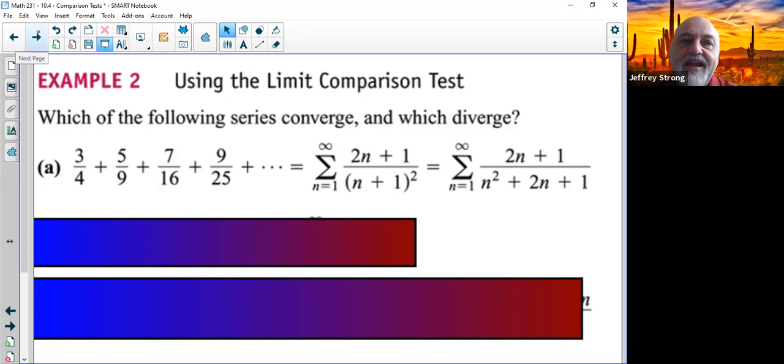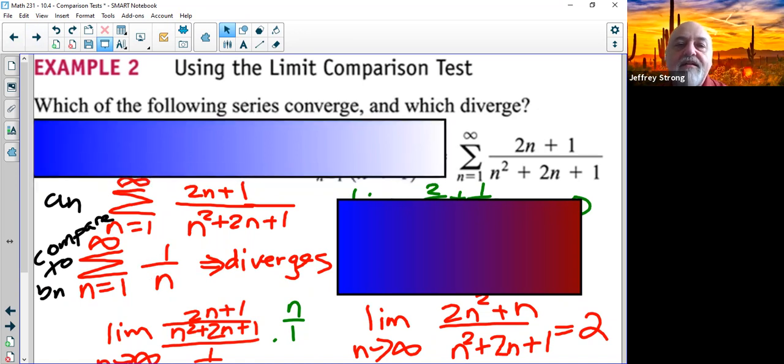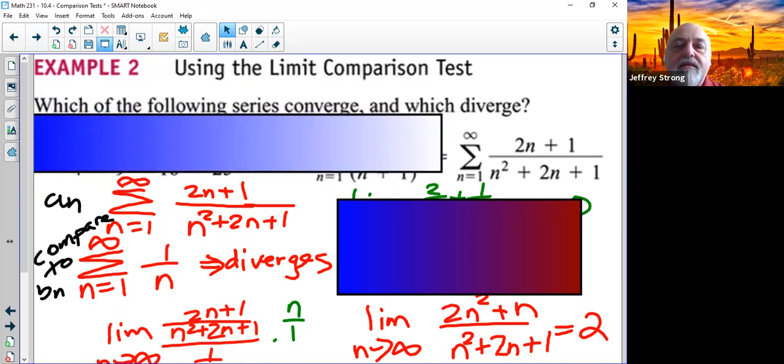So now what I'm going to do is compare 2n plus 1 over n squared plus 2n plus 1 to the harmonic series 1 over n, which is a diverging series.